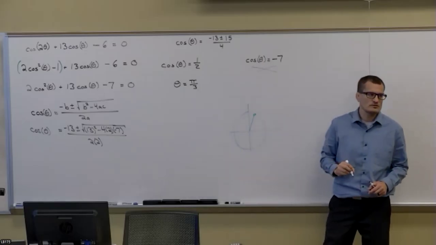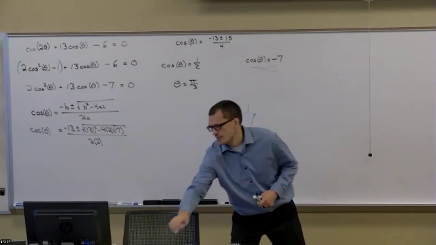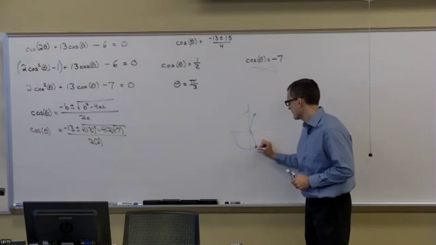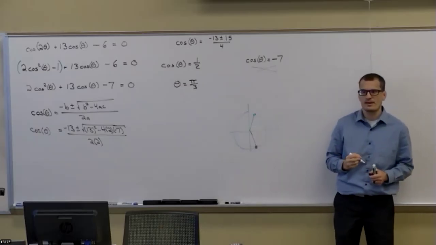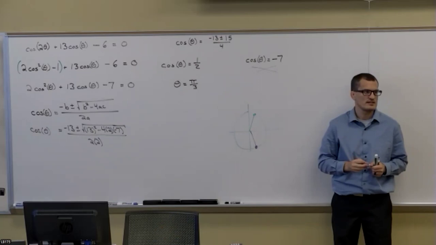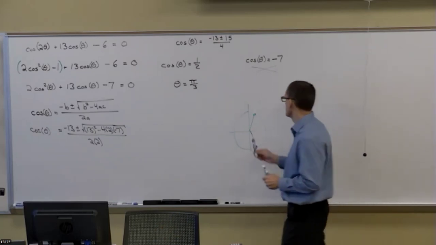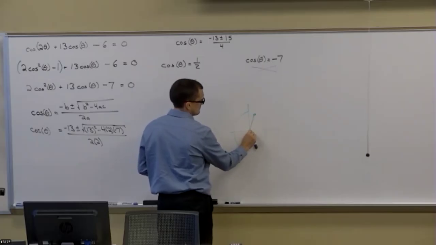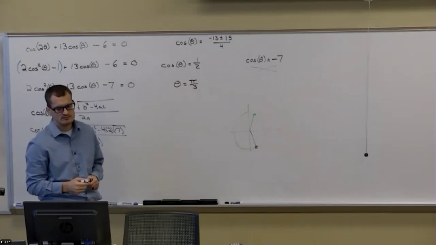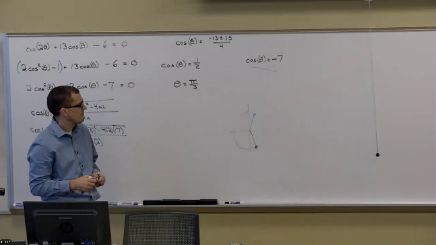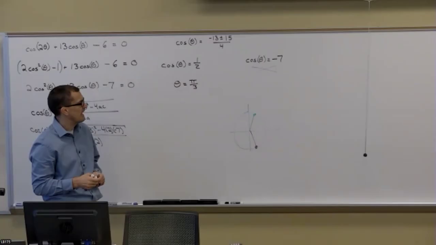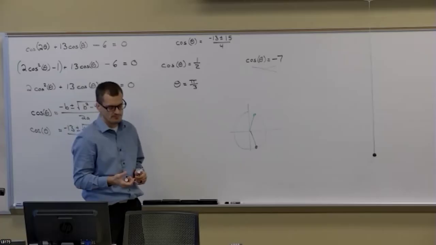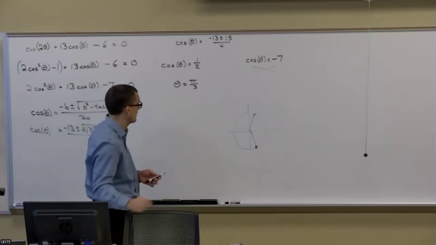Since we're dealing with cosine, the other solution is going to be down here, both on the right side. I can figure that out by doing 2 pi minus pi/3. I follow that. 2 pi minus pi/3 is my other solution.